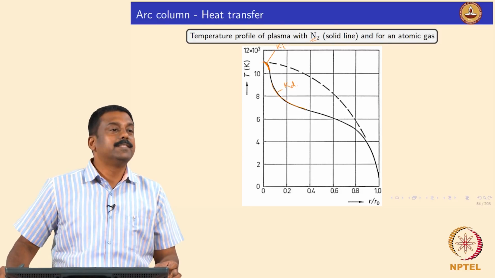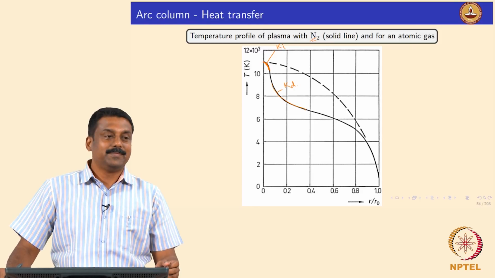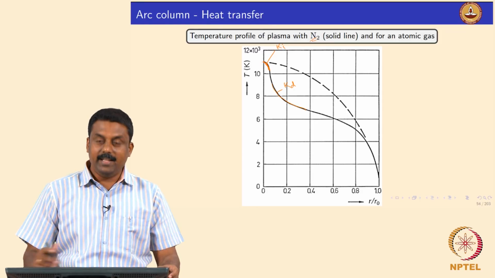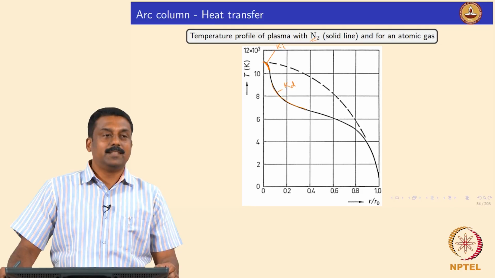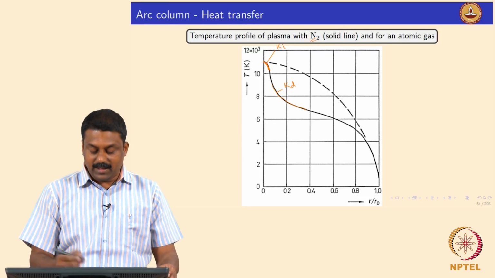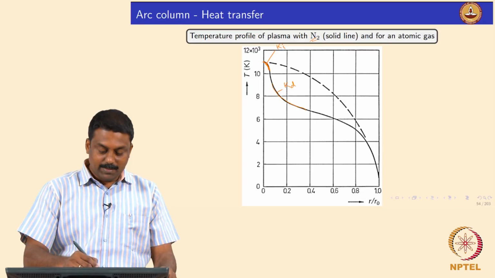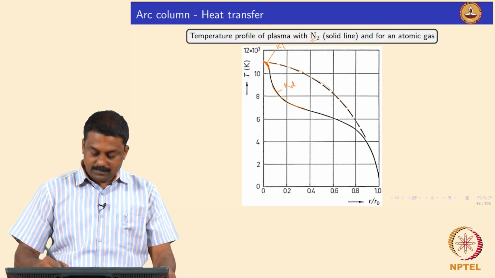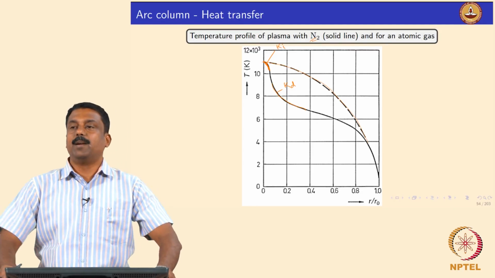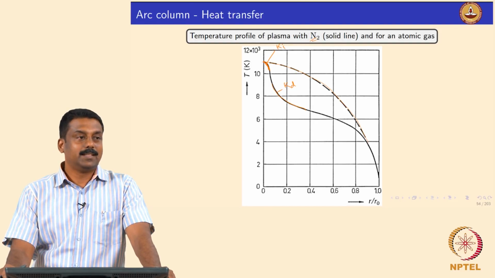What is Ki? Ionization, okay, and this is Kd, which is dissociation. And if you use monatomic nitrogen, obviously the Kd completely goes away, isn't it? The temperature distribution is more or less parabolic, right? Is it clear?